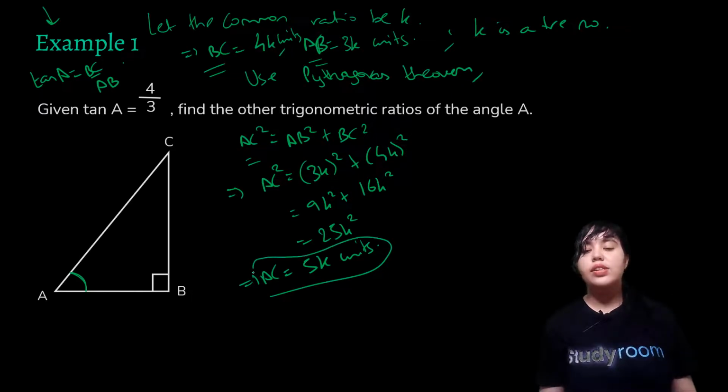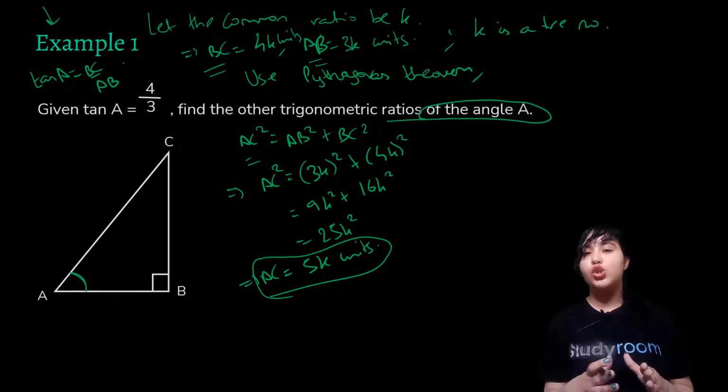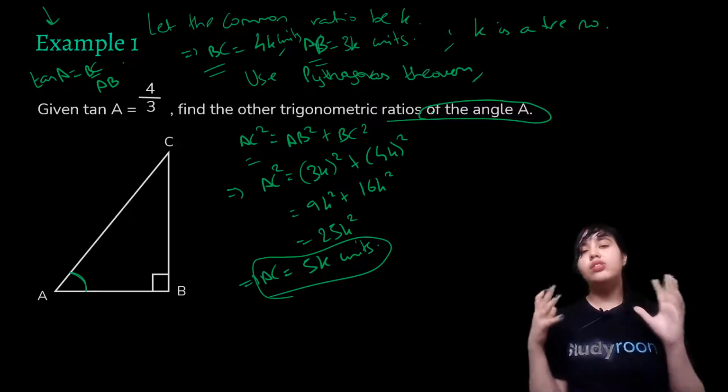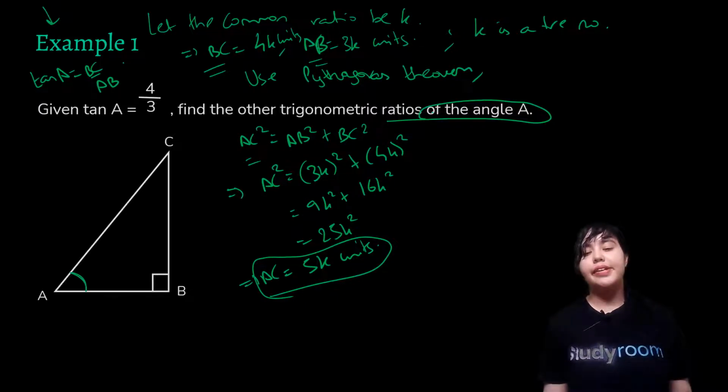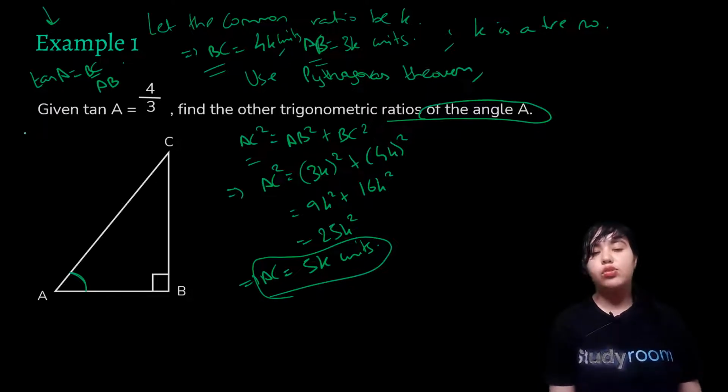So I have the lengths of the three sides of the triangle, because if I have the three sides, then I can easily find out the trigonometry ratios of angle A, because when you are finding out the trigonometry ratios, you need the lengths of all the sides of the triangle. So now that we have them, using Pythagoras theorem, we can find out sin A, cos A, and tan A is already known to us.